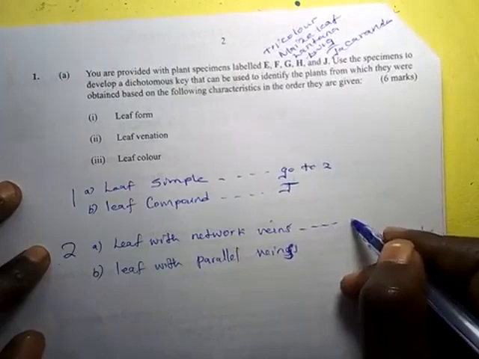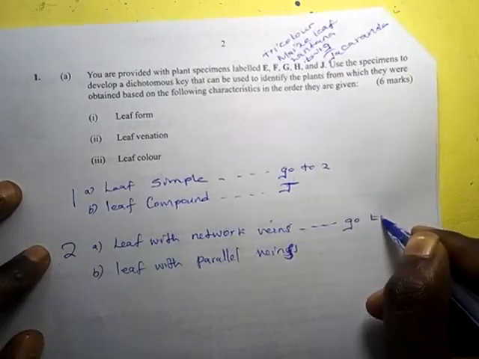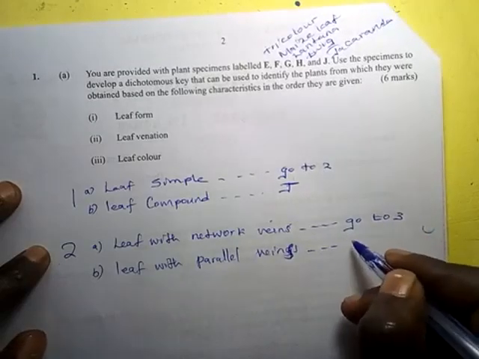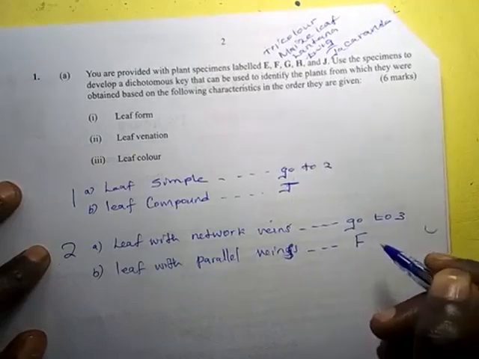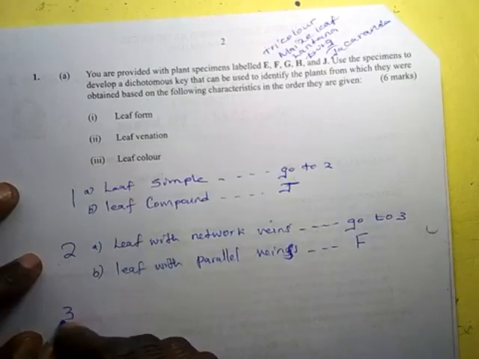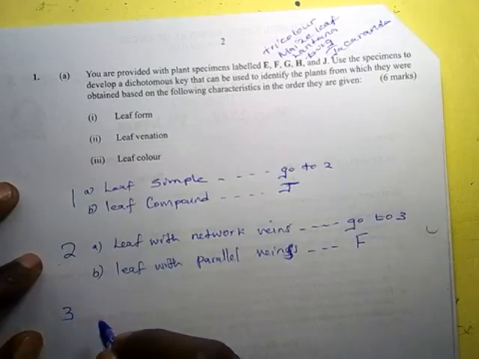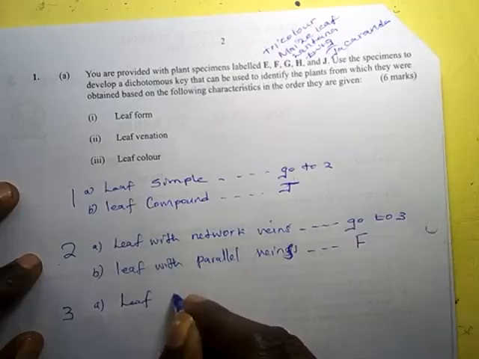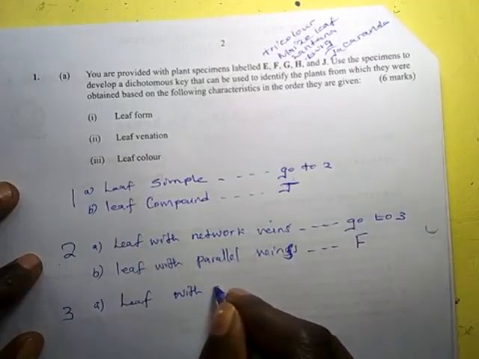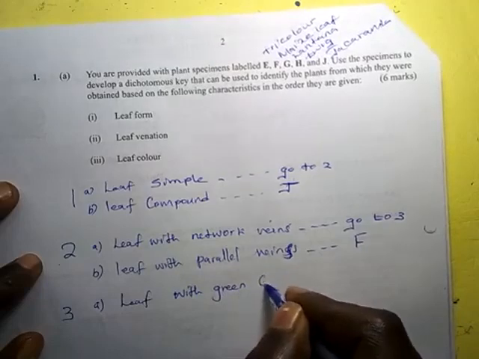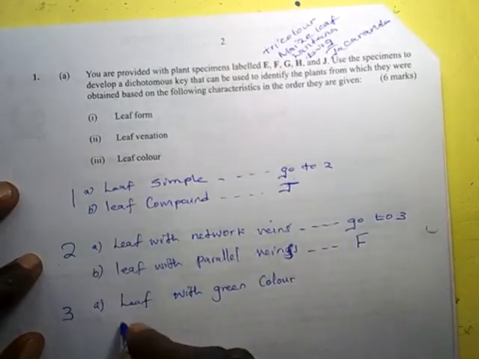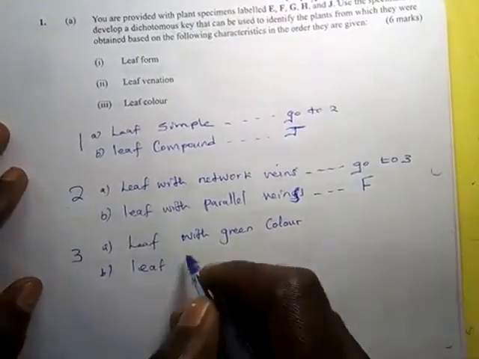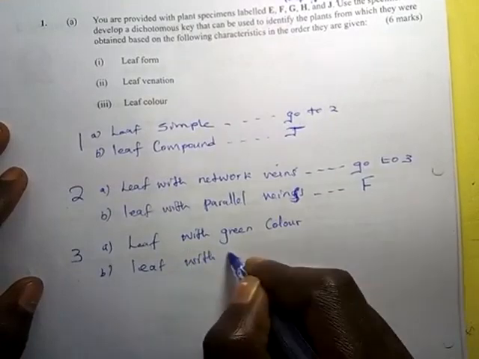There were many with network veins, so we go to 3, while leaf with parallel veins was only 1, which is the maize leaf, specimen F. In 3, according to leaf color, a leaf with green color, and B, a leaf with green color.